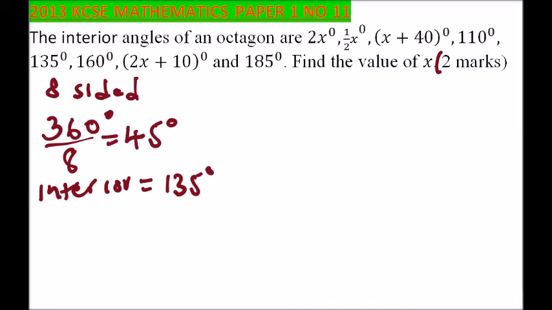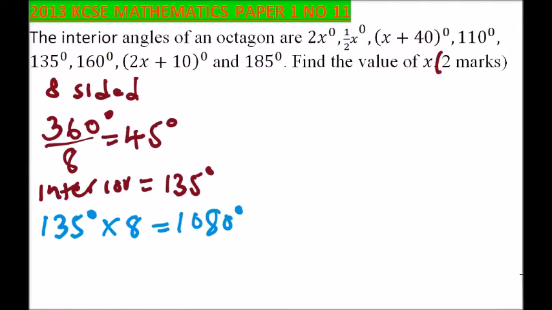So once you know the interior angle, we multiply 135 degrees by 8. The total of the interior angles should be 1080 degrees. This means that when you add all the angles, you should get 1080.